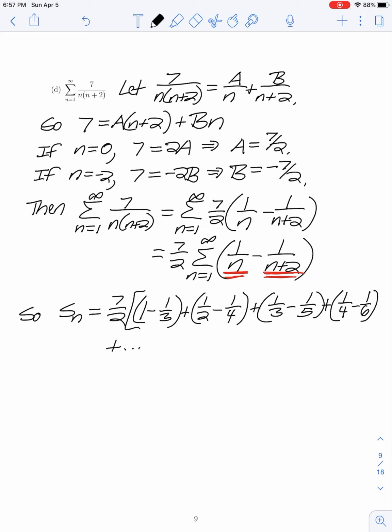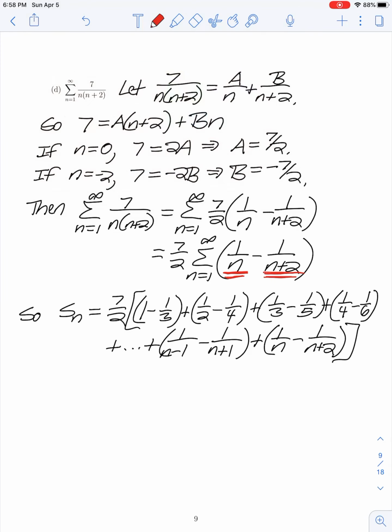And if I write out the last couple of terms, if I plug in n minus 1, I have 1 over n minus 1 minus 1 over n plus 1, and then plus, for our nth term, 1 over n minus 1 over n plus 2.